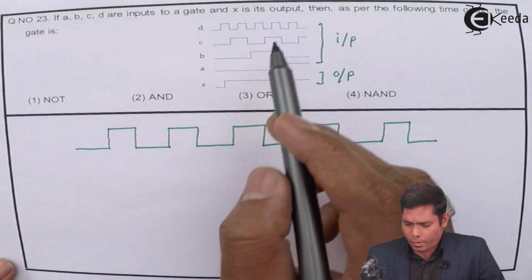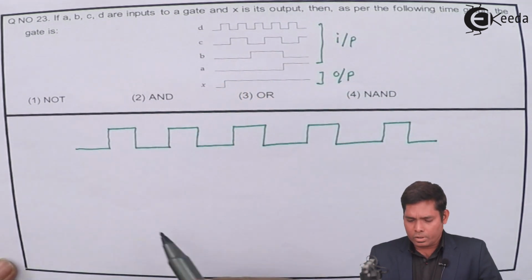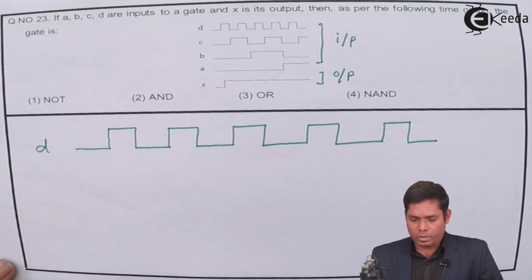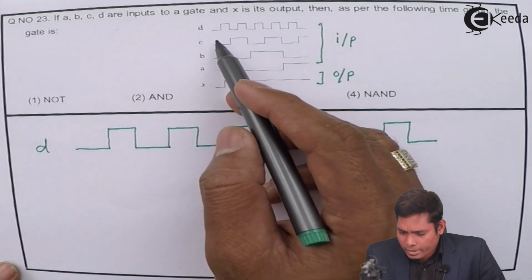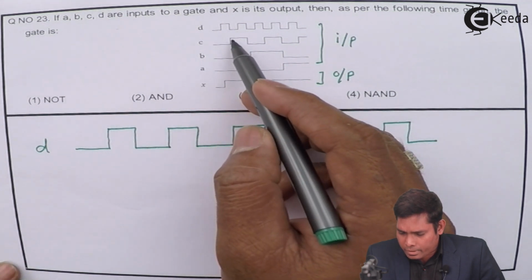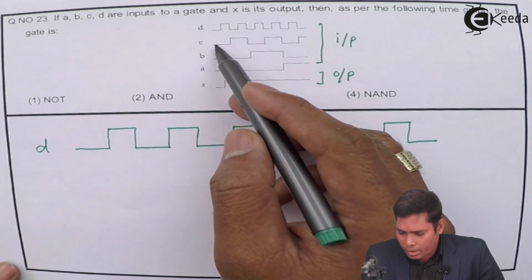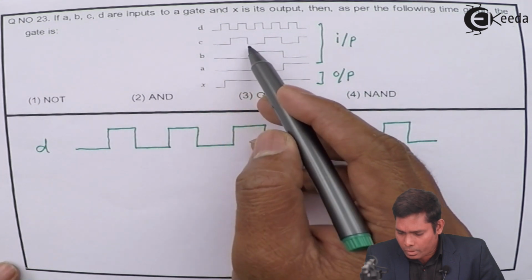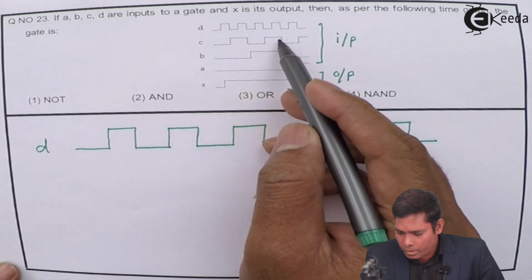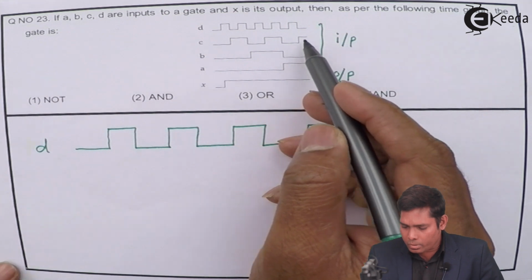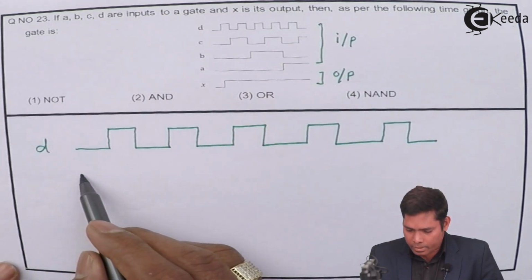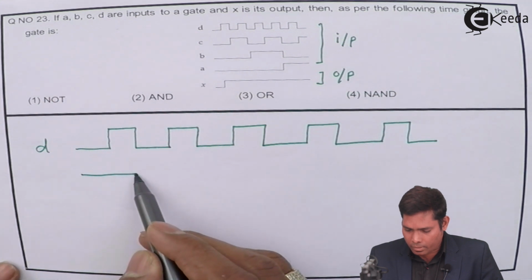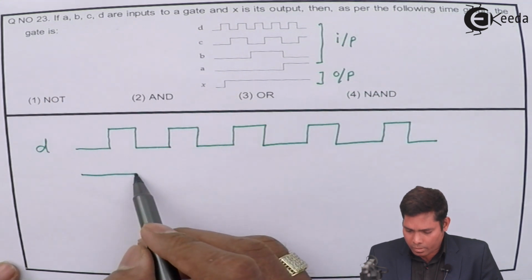This is your input D. It extends up to here, and it jumps two times, 2 here, 2 here, 2 here, and so on.